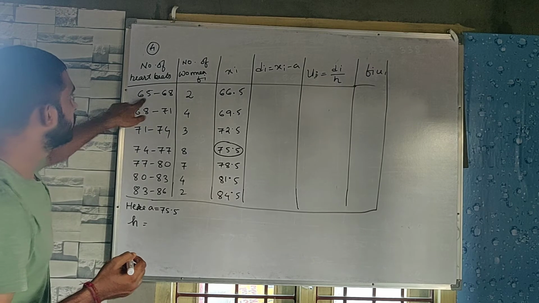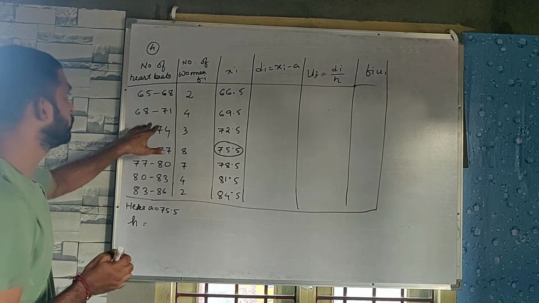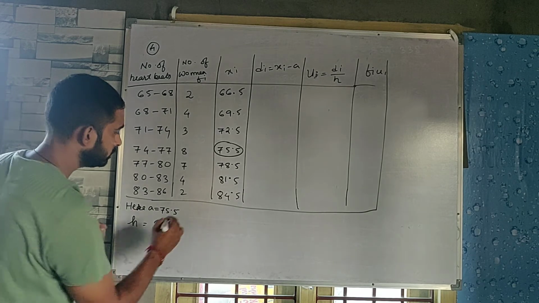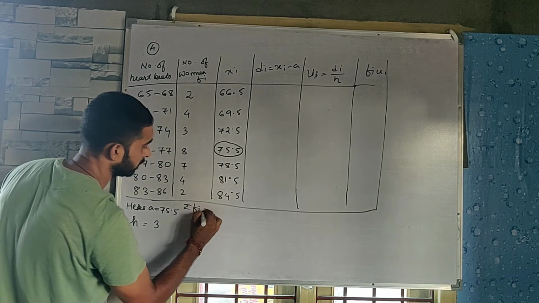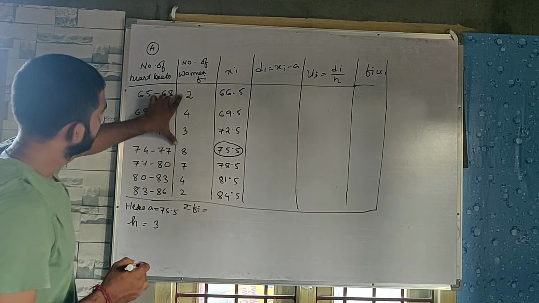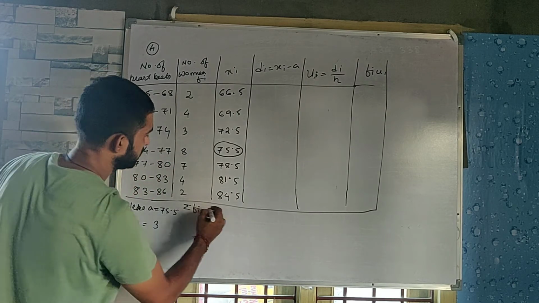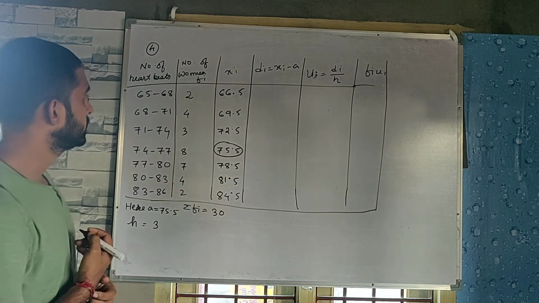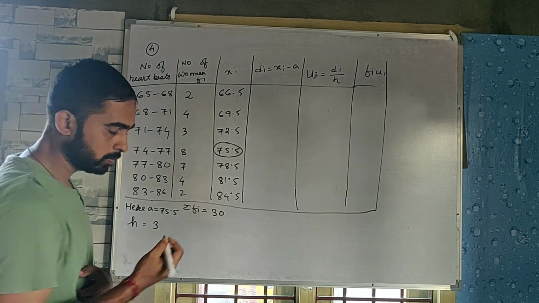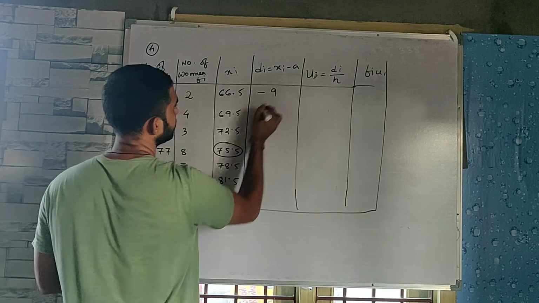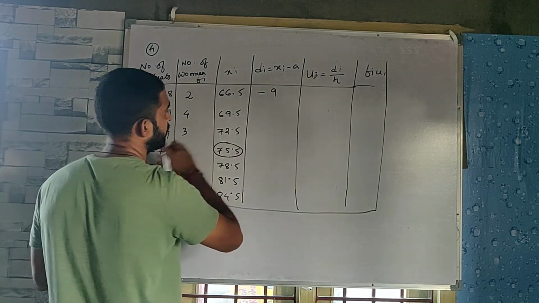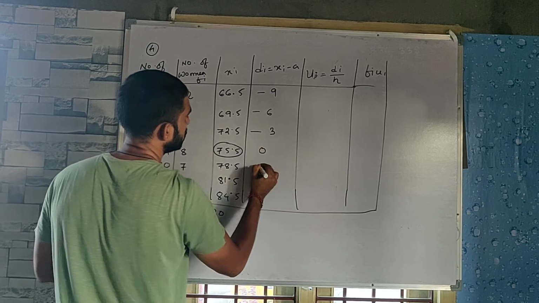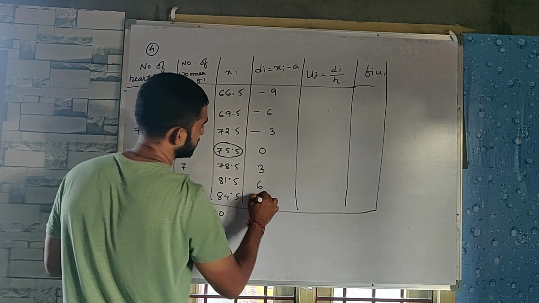Here the difference is 3 each time, so h equals 3. Now xi minus a: 66.5 minus 75.5 equals minus 9. 69.5 minus 75.5 equals minus 6, then minus 3, 0, 3, 6, 9.